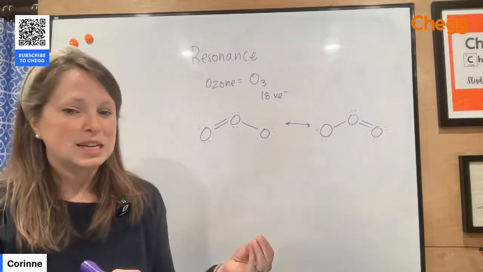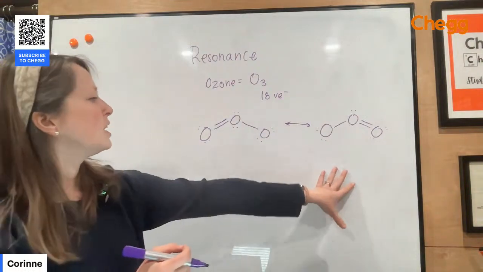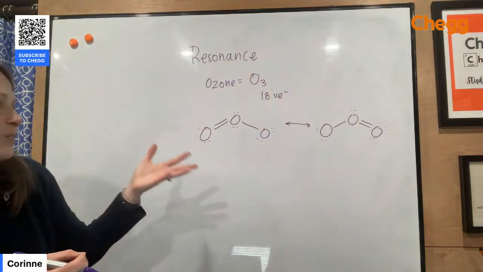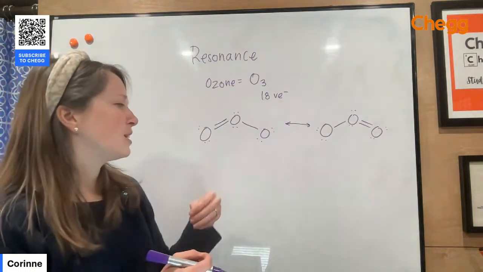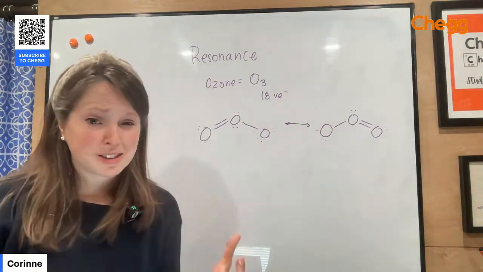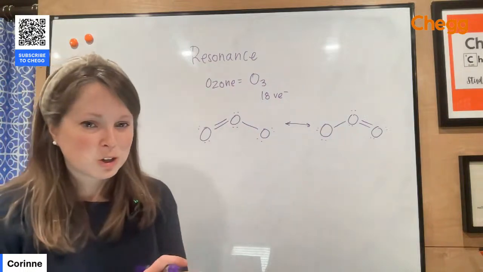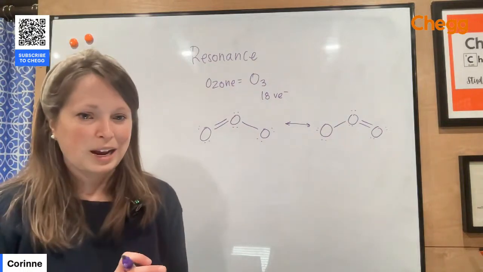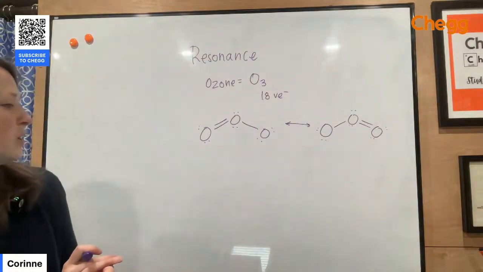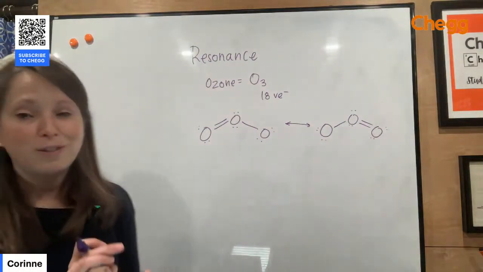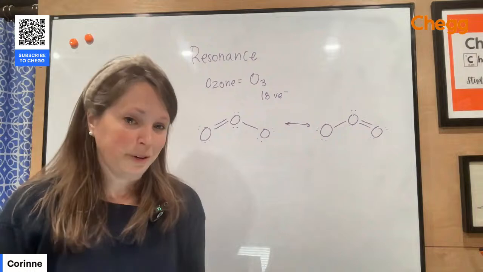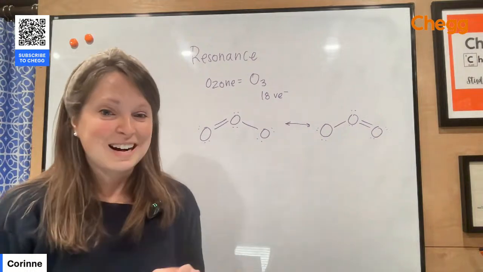So resonance is just this idea that we're going to have multiple structures that are possible, based on those valence electrons, and we have to figure out which one is the best based on the formal charge. You want the lowest formal charge, and you want the most electronegative atom in the molecule to carry that negative charge.